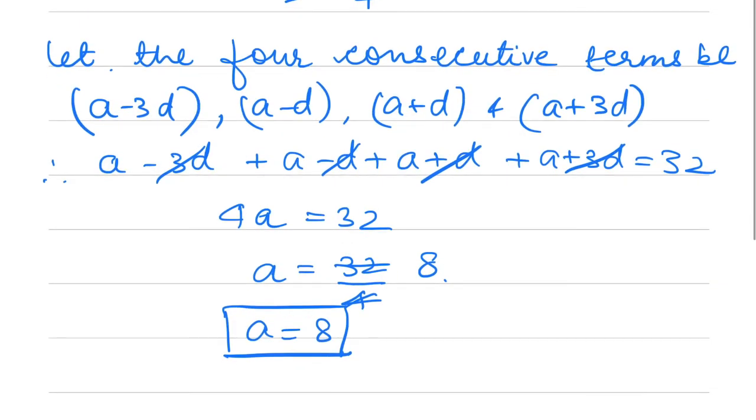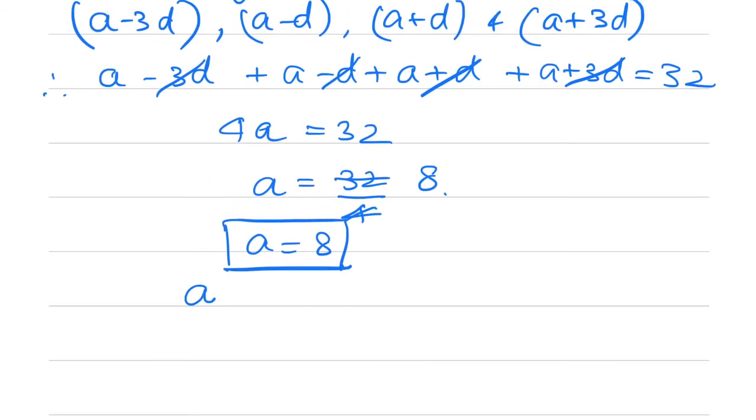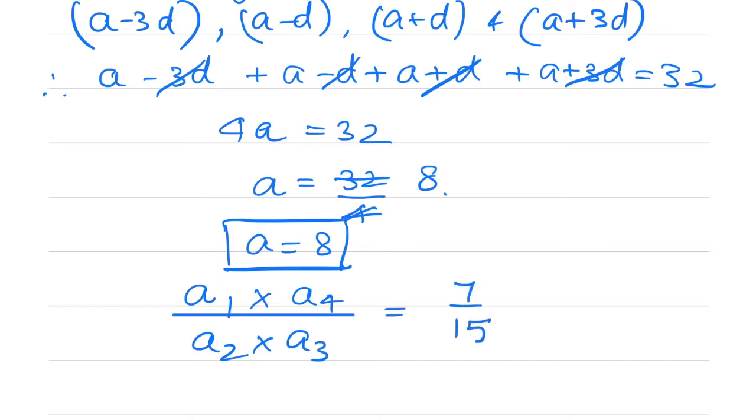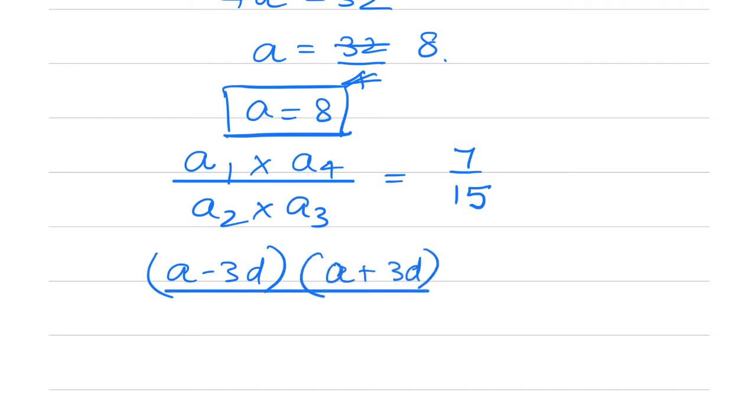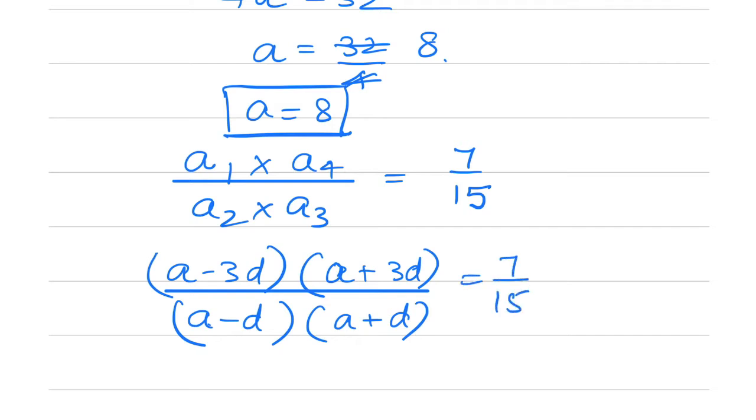And the second relation between the terms is given to us as the first term into the fourth term by the second term and third term ratio is equal to 7 by 15. The first term is a minus 3d and the fourth term is a plus 3d, by a minus d multiplied by a plus d, is equal to 7 by 15.